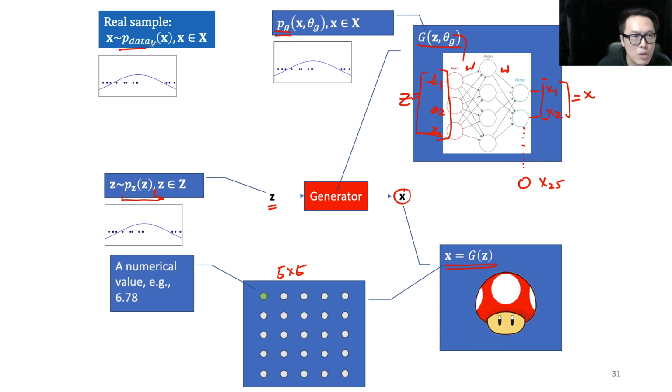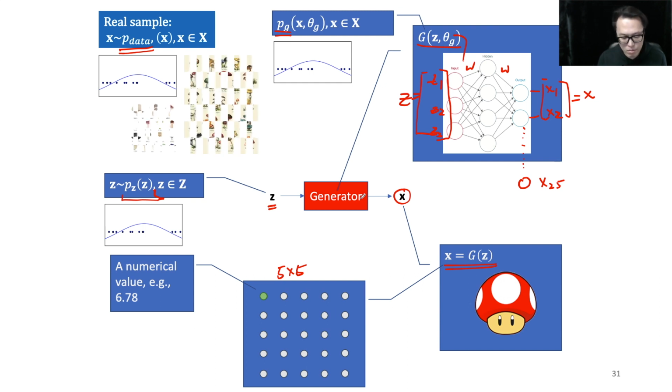And now this is the generator, and don't forget that we still have the real samples. The real samples are drawn from the density model P data. This is the real distribution. So now we have the real samples, and the fake samples generated by the generator, and we also need the discriminator to tell whether a sample is from the fake or from the real samples.